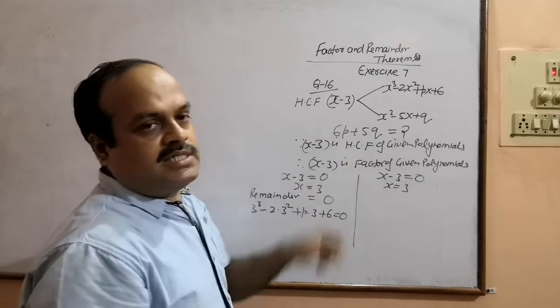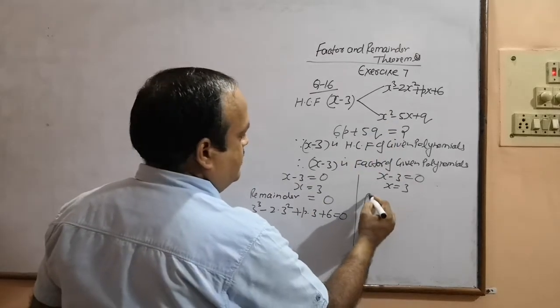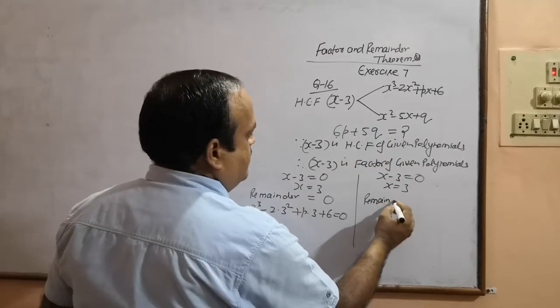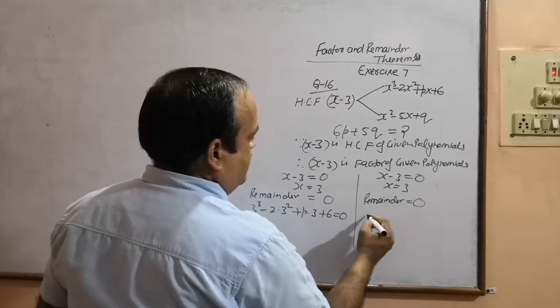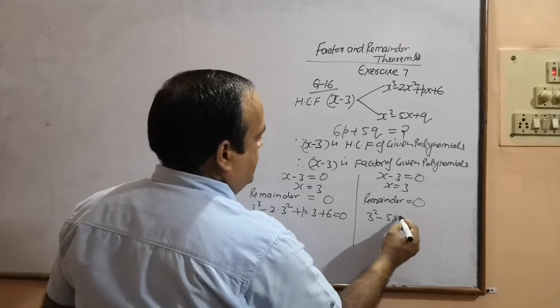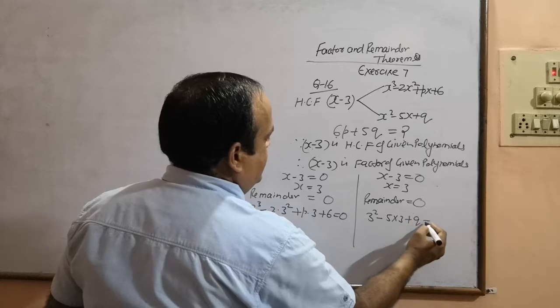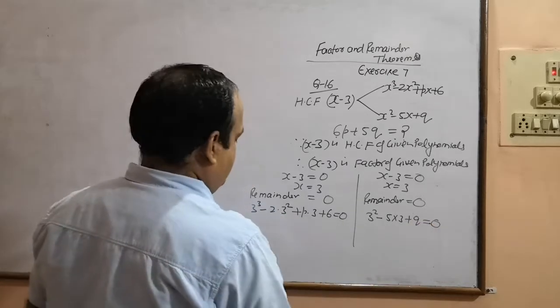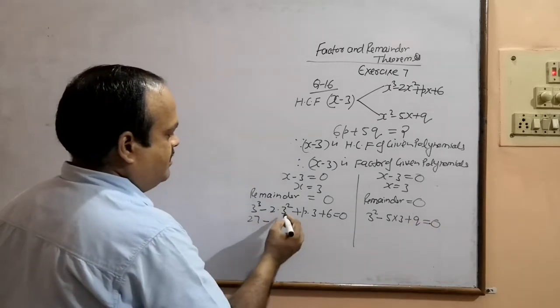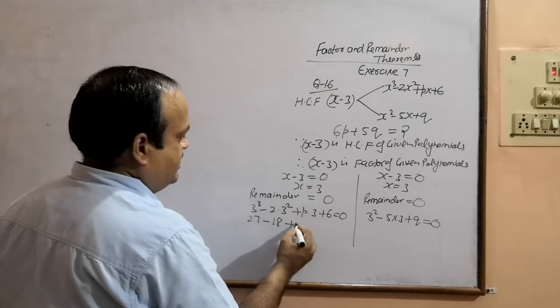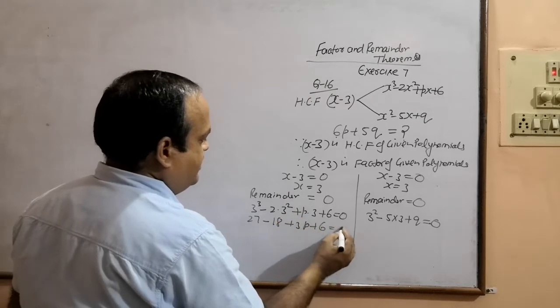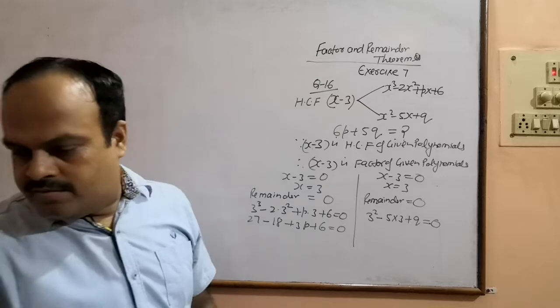This value we will put in the second polynomial. 3 square minus 5 into 3 plus q equals to 0. 27 minus 18 plus 3p plus 6 equals to 0.